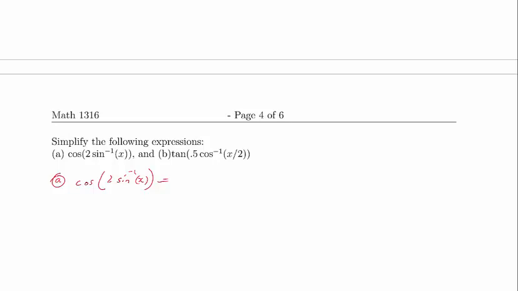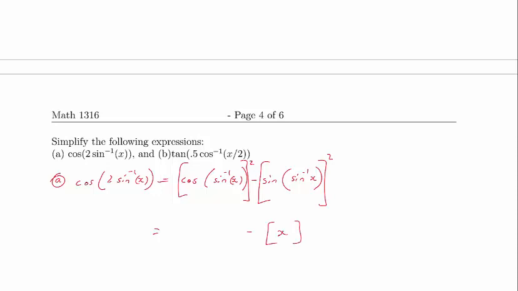And that's going to equal the cosine squared of the inverse sine of x minus sine squared of the inverse sine of x. And just for clarity, let's put these squares on the outside of everything, like so. Let's run through this. For the right expression, of course, the sine of the inverse sine is simply what you see inside, so it's going to be x, and that whole thing is squared.